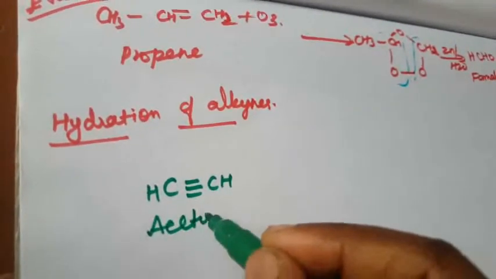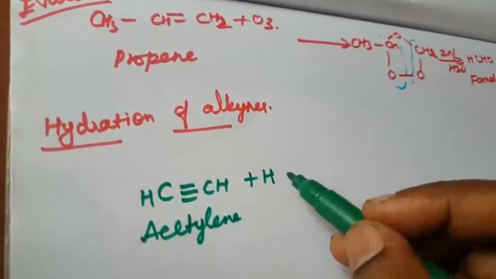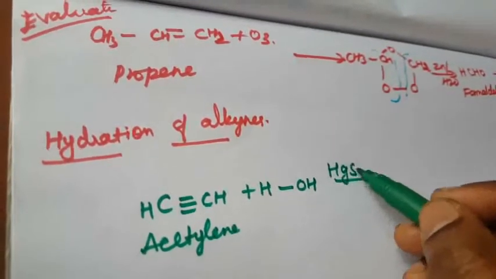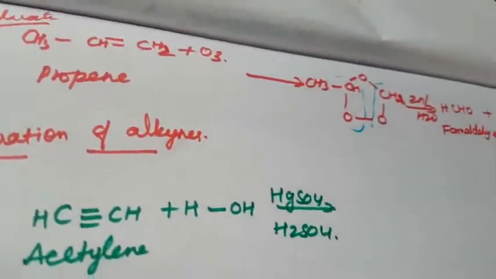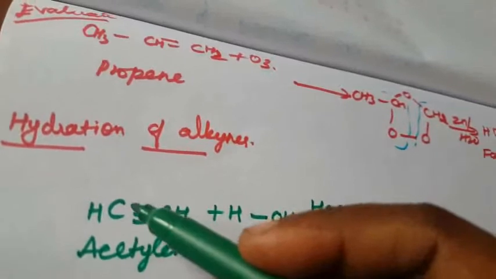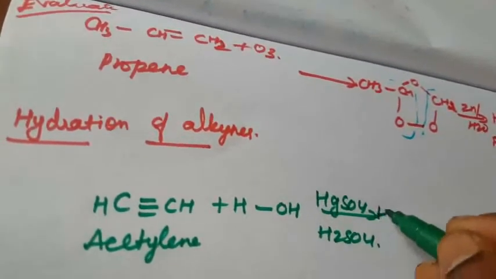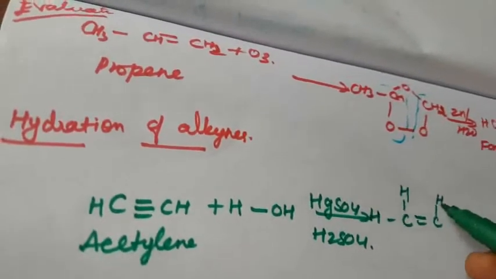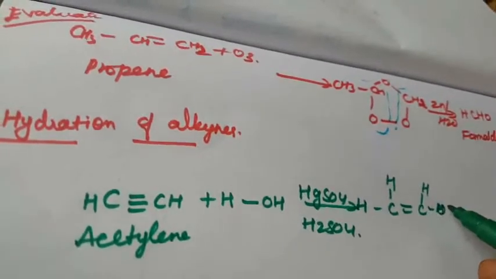What is this compound name? Acetylene. When it reacts with hydration, addition of oxygen and hydrogen in the presence of mercury sulfate and sulfuric acid, what will happen? An unstable enol compound will be formed, that is hydration. Of the triple bond, only one bond will break down, that is HC with one hydrogen, and the remaining hydrogen will be added, so that is OH.